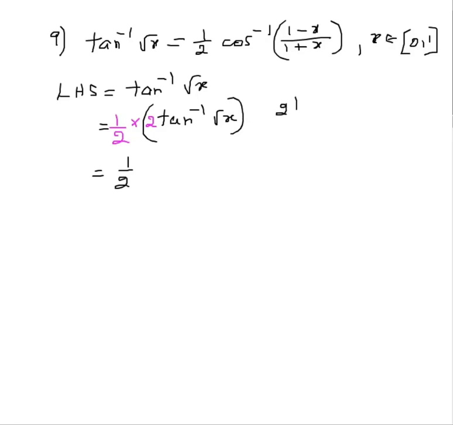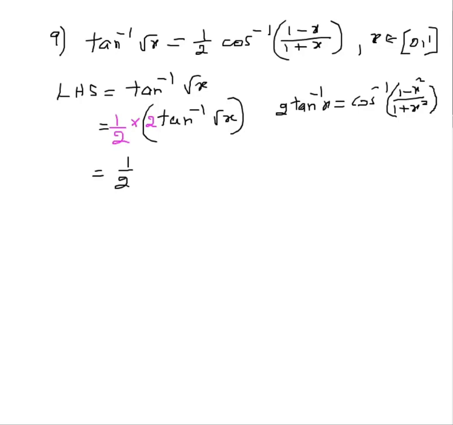2 tan inverse of x is cos inverse of, the answer is in terms of cos inverse, so I am using the cos inverse formula. It is 1 minus x square divided by 1 plus x square, where x is greater than 0. Here root x is greater than 0, so we can apply this formula.